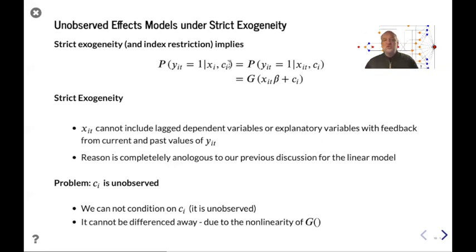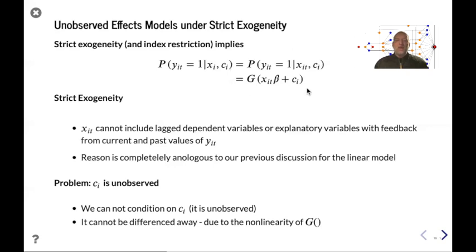Now, the first assumption that we're going to make is the strict exogeneity assumption. What that implies is that once we have conditioned on the current value of the explanatory variables, we do not need to also condition on the past and the future, just as long as we also condition on c_i. So the only persistence that's coming in those choices that are not explained by the explanatory variables is through c_i.